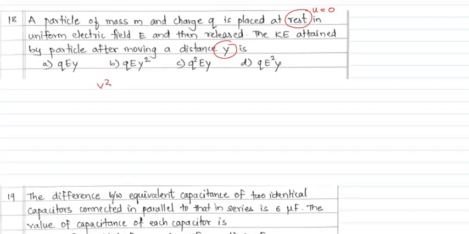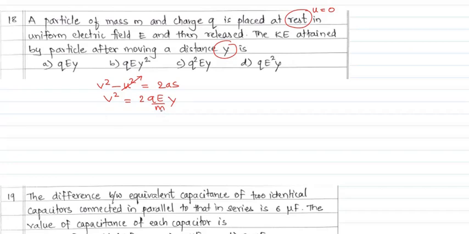So I will use the basic formula v squared minus u squared is equal to 2as. So v squared is equal to 2 times a, where acceleration is qE by m, that is force by mass, and distance travelled is y.